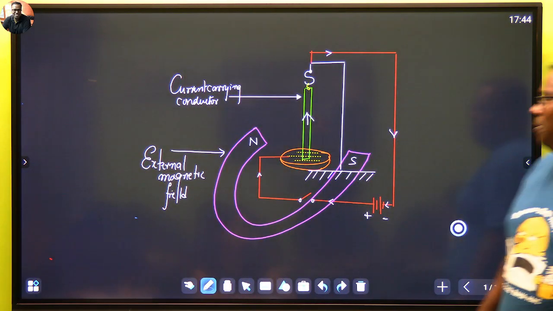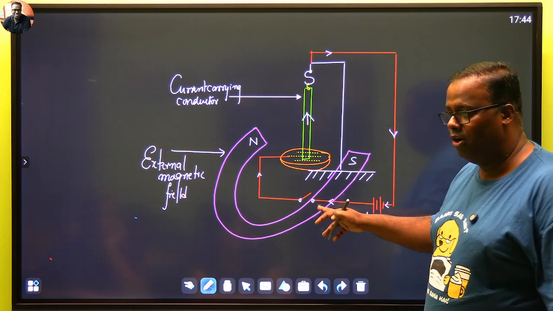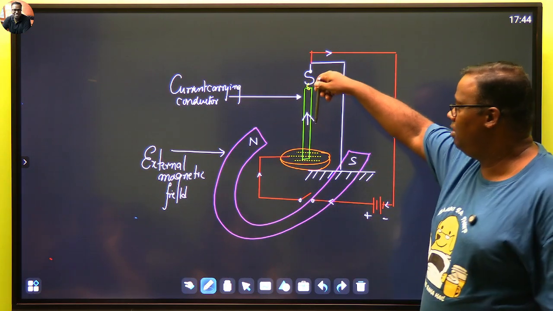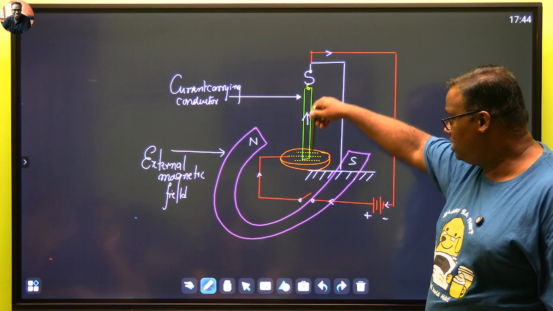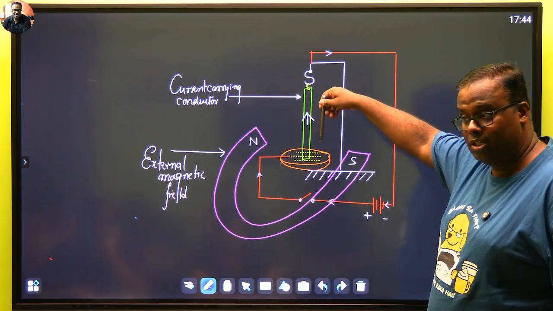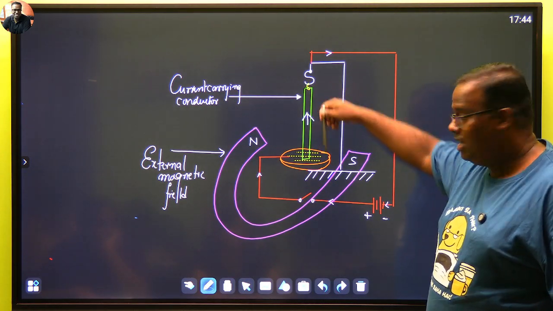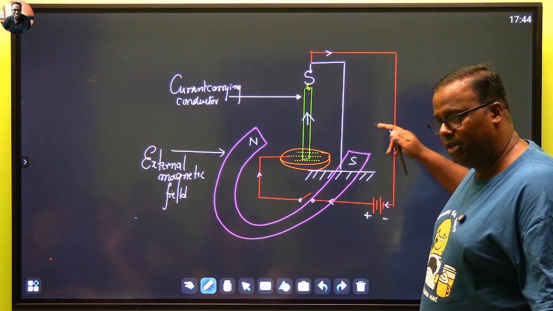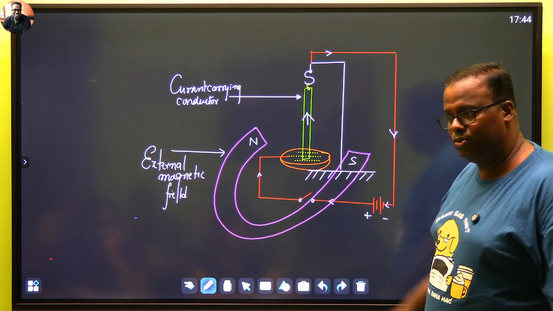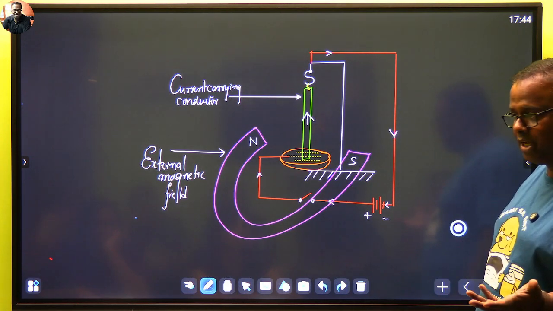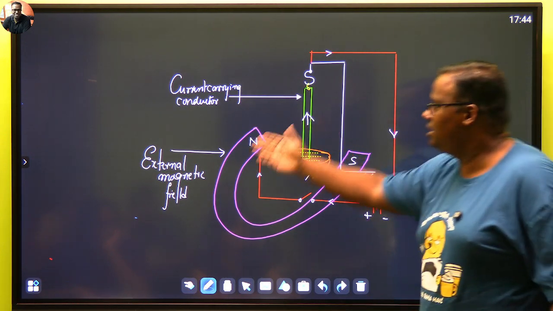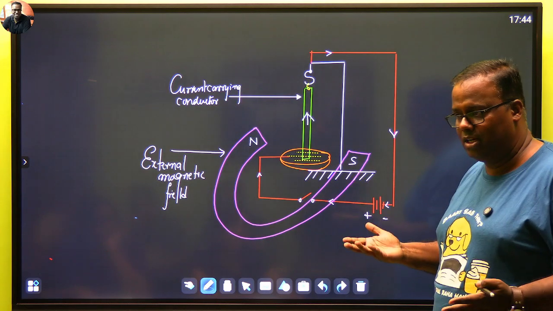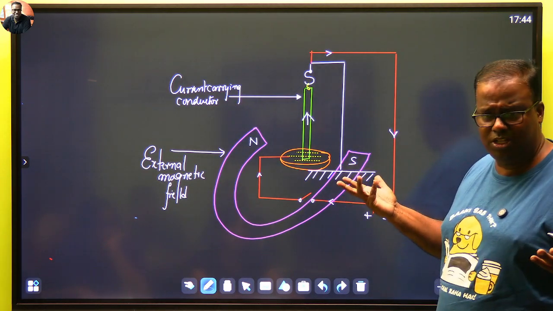What will happen, tell me? Once you turn this switch on, this conductor, immediately what happens? It is first dipped into mercury. So the circuit is complete, right? As soon as you turn the switch on, the circuit is complete. Current starts to flow through this conductor. The conductor becomes a magnet, and it senses the external magnet. Either attraction will happen or repulsion will happen.